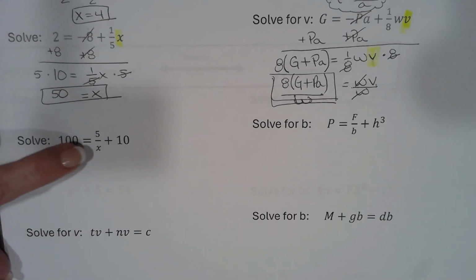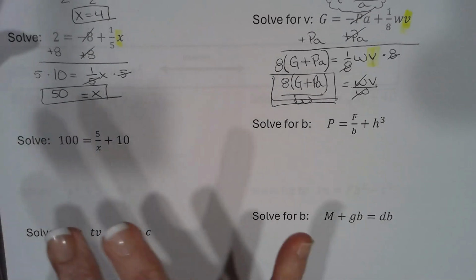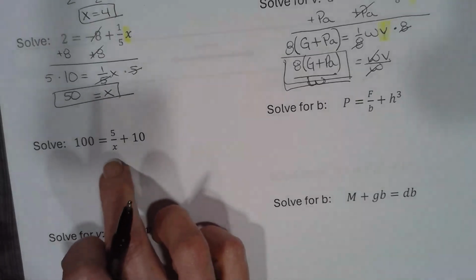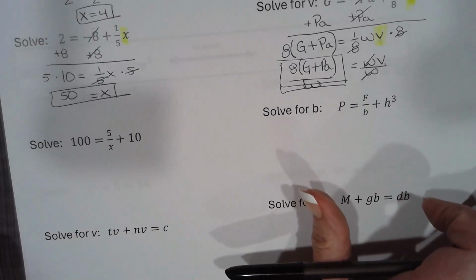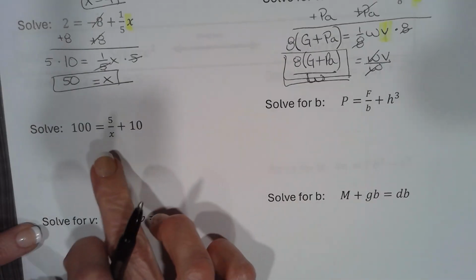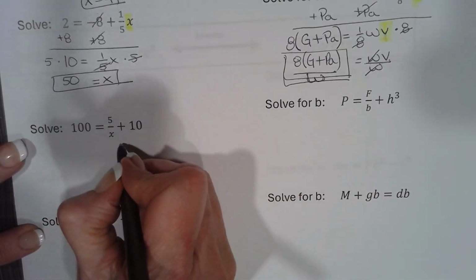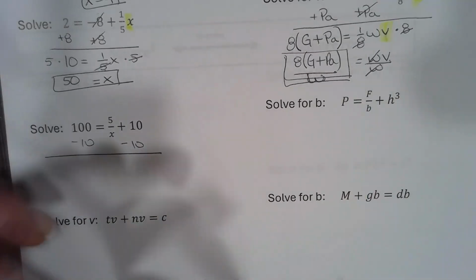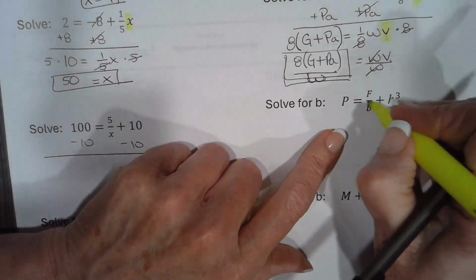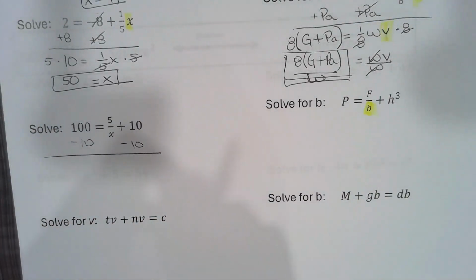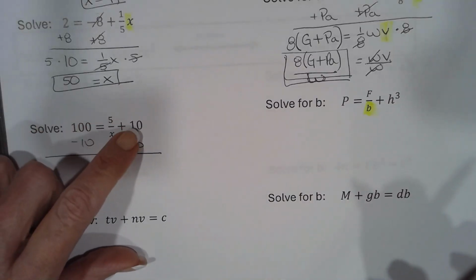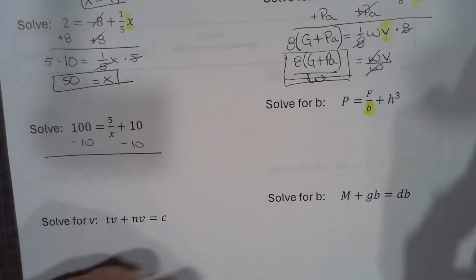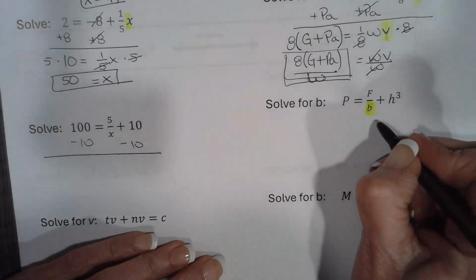All right, let's do another one here. Solving for x. Now I want y'all to notice something. The x is in the denominator. So we're going to have to fix that in a bit. I'm going to subtract 10 on both sides. Notice here we're solving for b, and b is in the denominator, so I'm going to have to fix that. But just like I took this whole term and subtracted, I'm going to take this whole term and subtract.